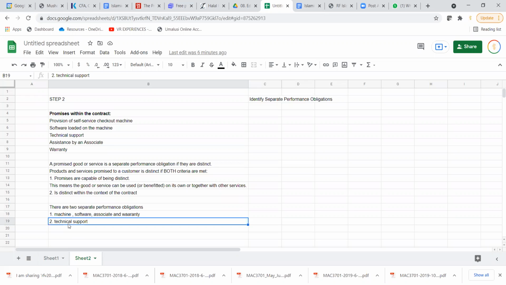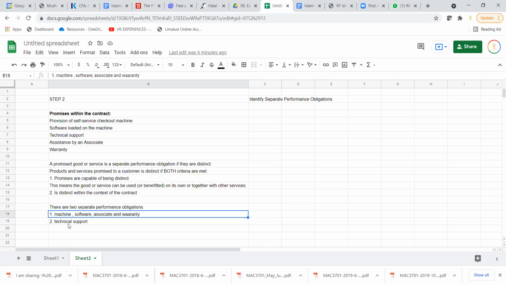So given the context of the contract, the technical support is distinct within the context of the scenario, because there's no need to keep it on. The technical support does not play an integral role in operating the machine. It's only there to help you, but you can operate it without technical support. So that is why it is a separate performance obligation.